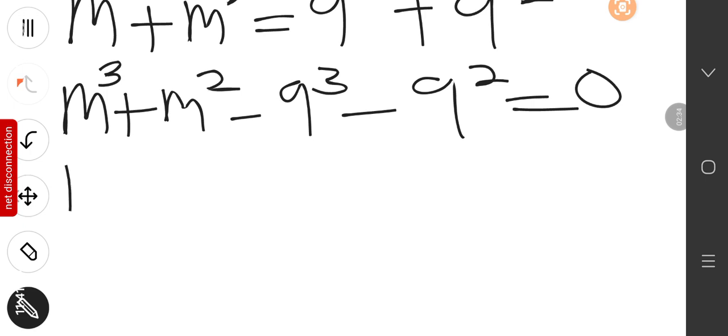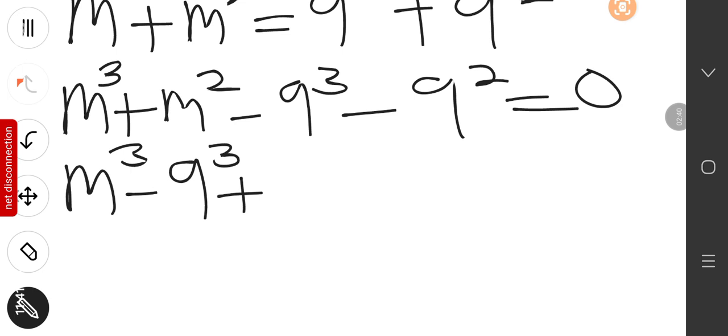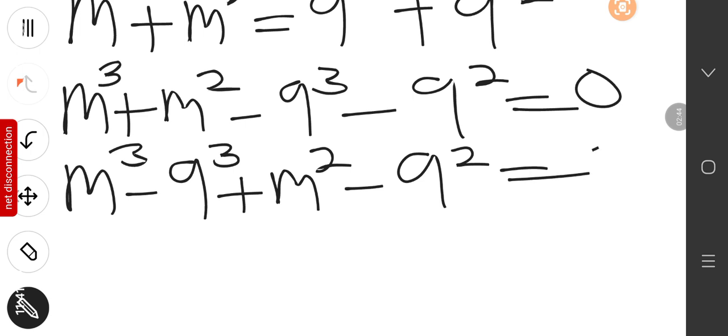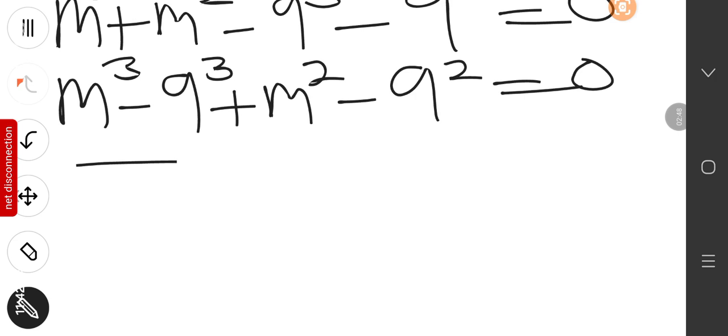So we're going to have m cubed minus 9 cubed plus m squared minus 9 squared equals 0. So we have difference of cubes here, and then we have difference of squares here. So we're going to apply the difference of cubes identity and the difference of squares identity to our equation.